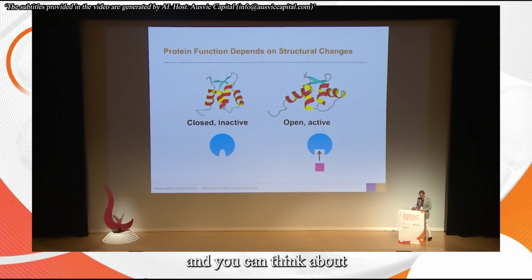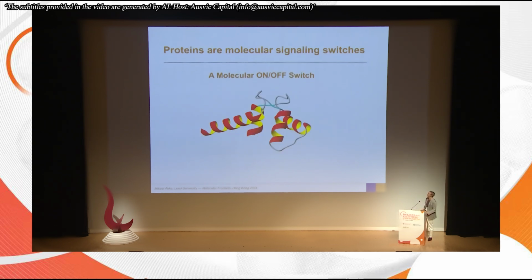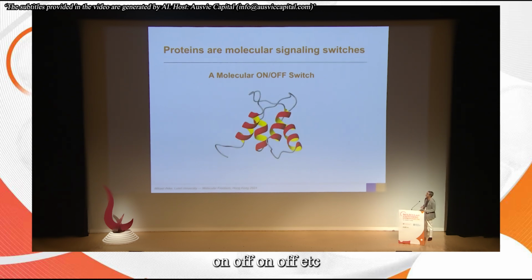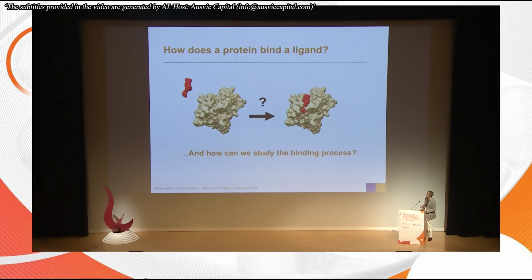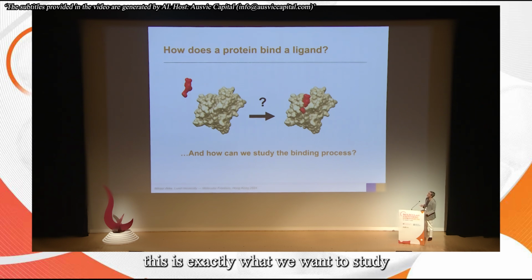You can think about proteins as small molecular switches that turn on or off cell signaling in and between cells. So on, off, etc. Now, this is exactly what we want to study. How does a protein bind a ligand, and how can we study this? That's what I hope to tell you today.